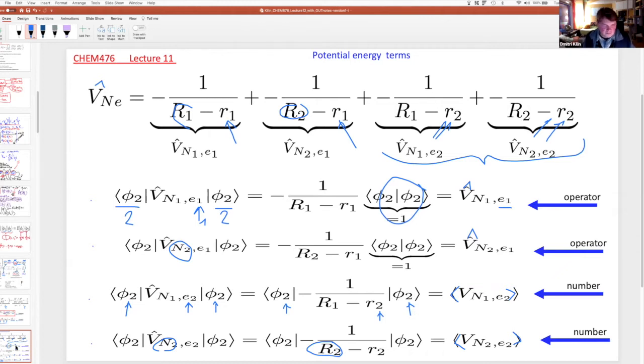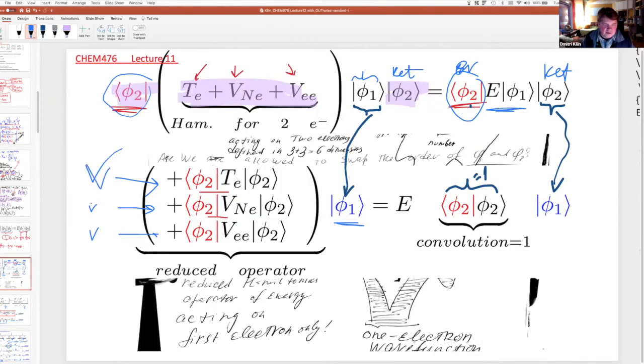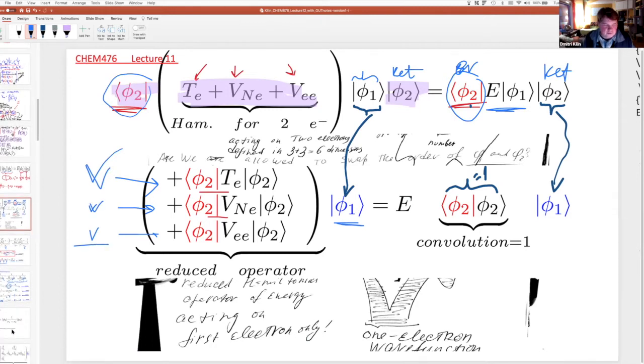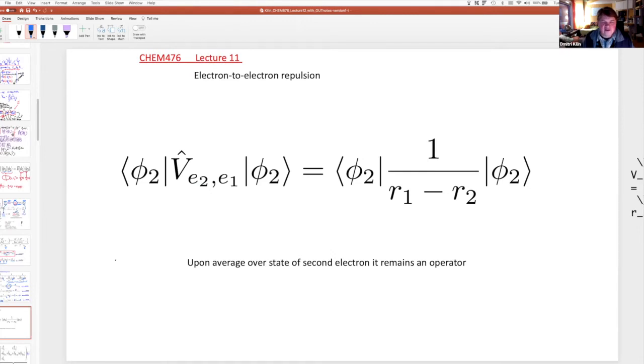So I'm going to flip back 2 slides. We are done with the first, we are done with the second, and now we need to focus on the third. The third is the shortest one, but the most complicated. So we are looking for the Coulomb repulsion of the first and second electron, but we do averaging over the second electron.